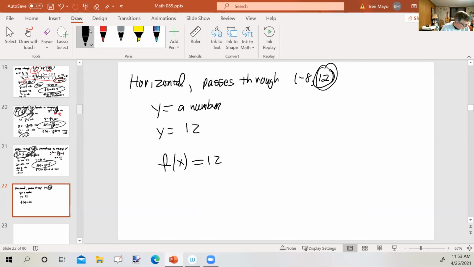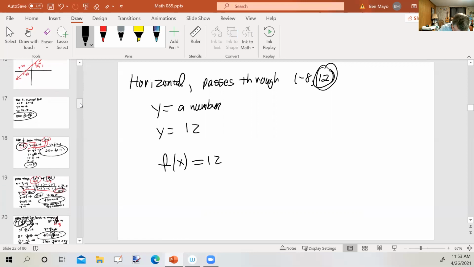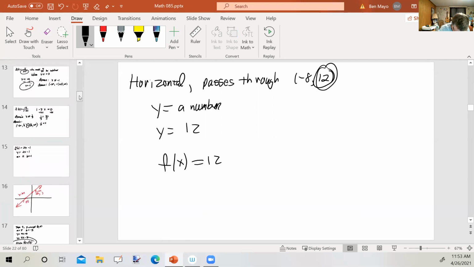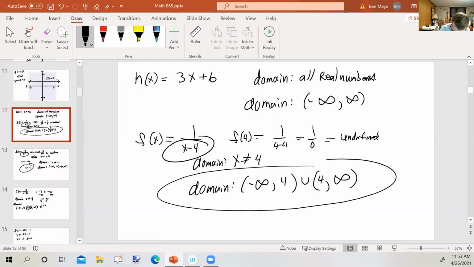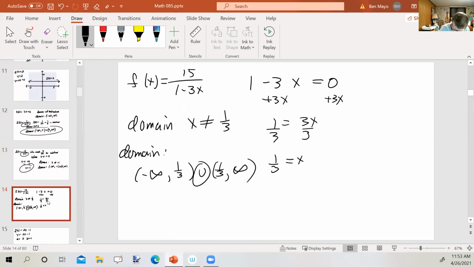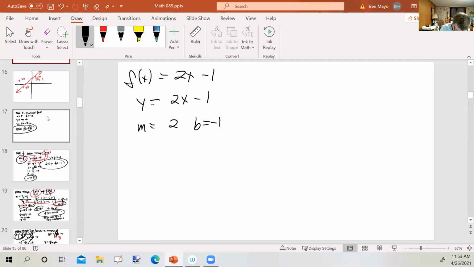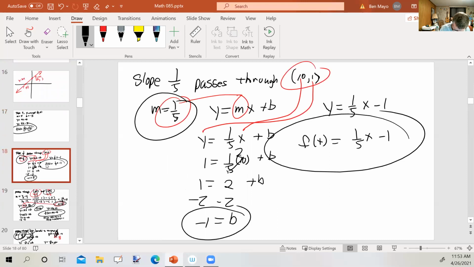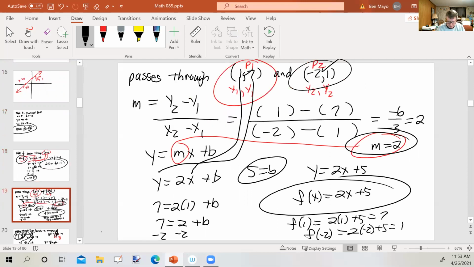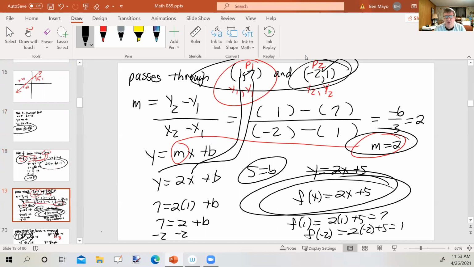Okay, now, earlier we had an example where we were given 2 ordered pairs. Aha, here we go. We were given 2 ordered pairs and we came up with a function.